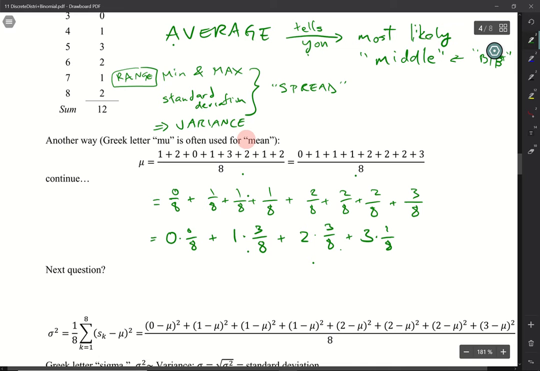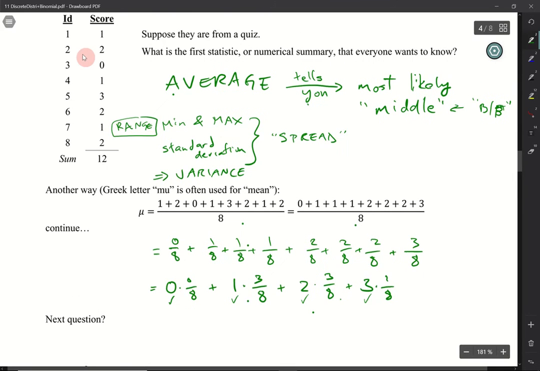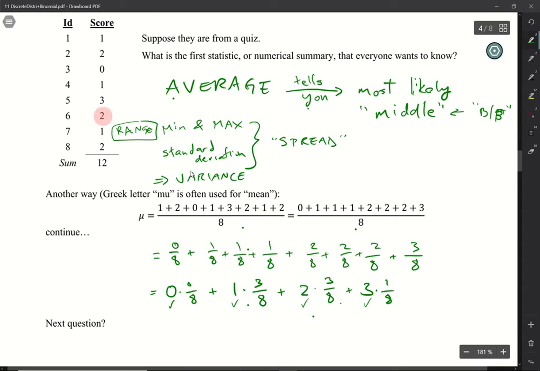And what am I talking about? What am I saying? I'm saying this because these are actually the values. This is a value, this is a value, this is a value, and that's a value. So if we look back at our observations, or our data, the data actually runs from 0, 1, 2, and 3, right?